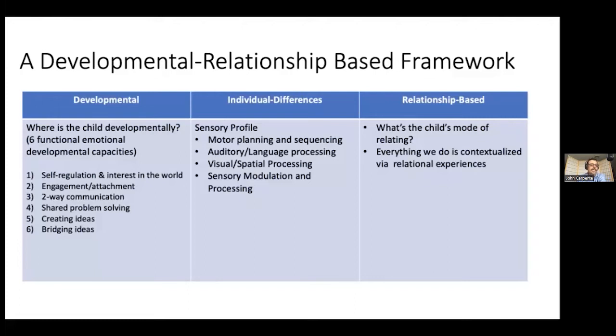So for developmental, we're looking at these 6 areas, right? And these are based on neurotypical development. So for a neurotypical baby from 0 to 3 months, they develop the capacity to self-regulate and show interest in the world. What this means is taking all of the senses that are happening in their environment, integrating the senses while still being available for interaction, and the senses being auditory input, tactile input, proprioception, vestibular input, all of these things that the brain is integrating simultaneously while being available for interaction.